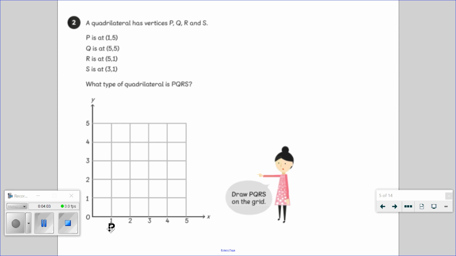So 1 is my horizontal position along the corridor, and 5 is my vertical position up the stairs. So P goes here. Now you need to put on Q, R and S. And then you have to say what type of quadrilateral or 4-sided shape PQRS is.